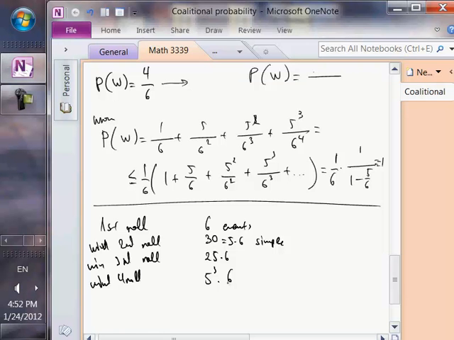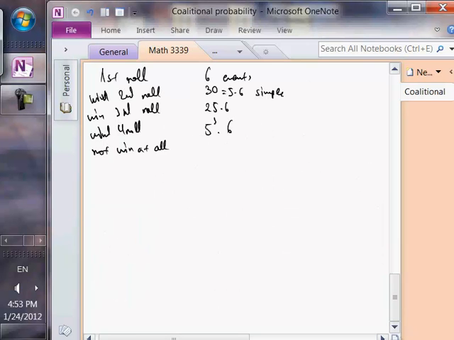And then we have to add not winning at all, which means how many? Four rolls and all 4 are futile. Five to the 4th. Okay? So these are all the simple events.